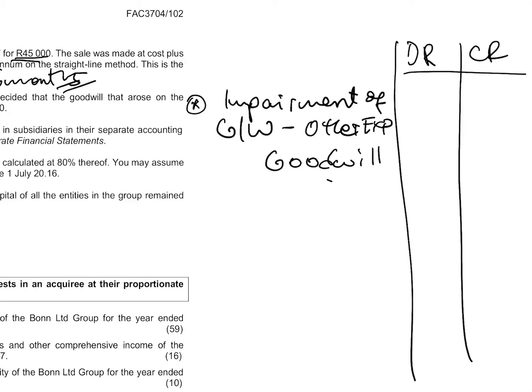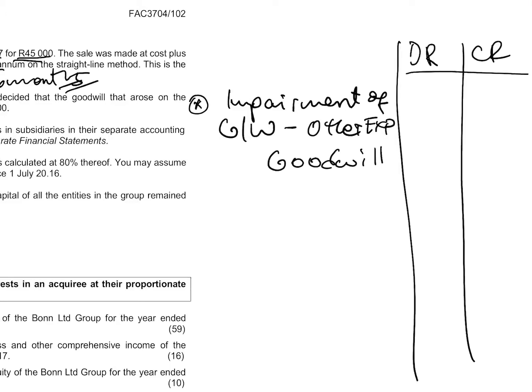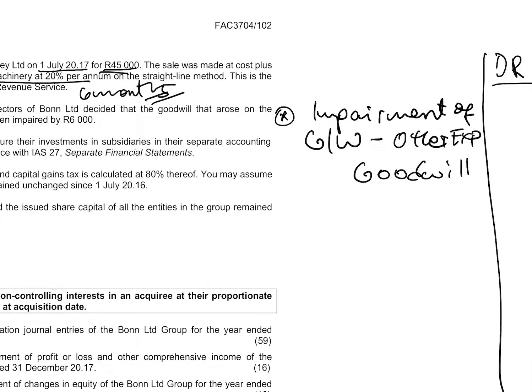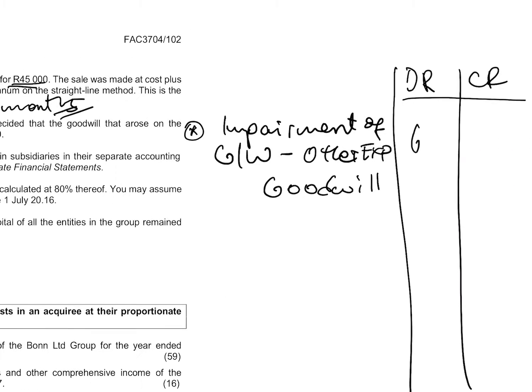We don't know if the entity has got goodwill, but that is a signal to show us that there is goodwill. So they said the goodwill was impaired by 6,000. So if it was impaired by 6,000, it means that it was reduced by 6,000. So you put your 6,000 under goodwill.